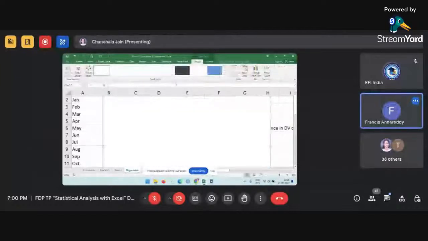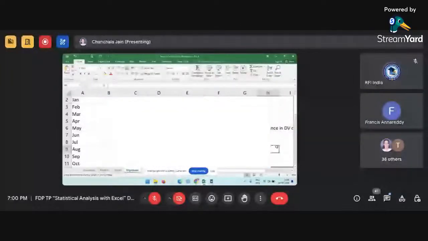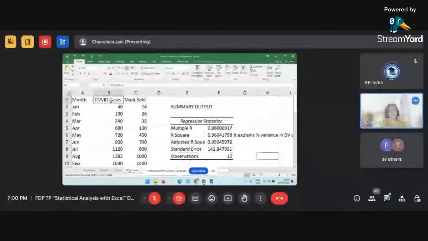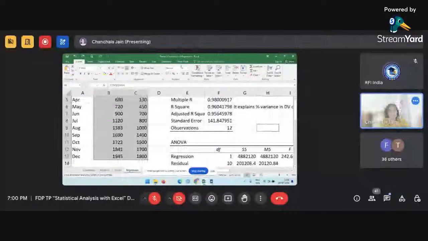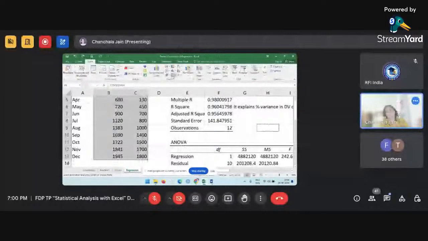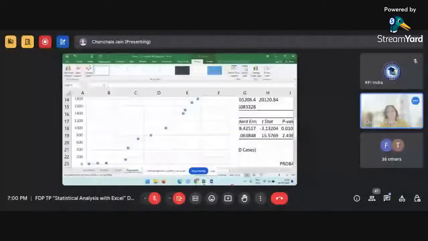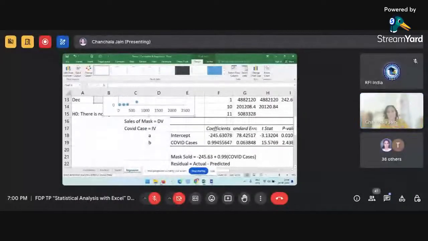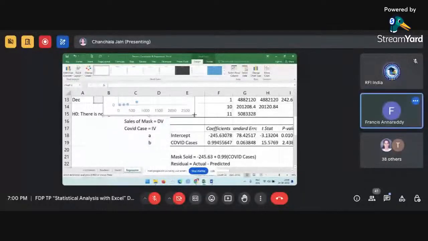So see, this equation is going to give us a straight line, right? This is y equals mx plus c type. Here the intercept is minus 245.63. Now why can't we plot this? Where can we plot this in the data analytics tool?